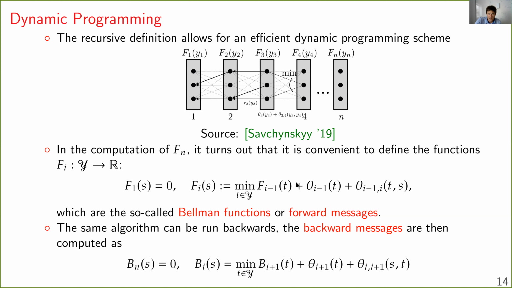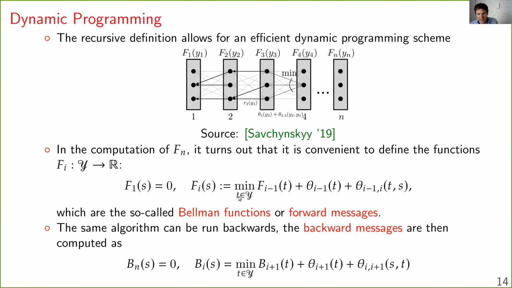So here it is written down a little bit more formally. We start with f1 to be 0, and every other function fi of s is then defined by minimizing the previous function fi minus 1 of t plus these unary terms plus these pairwise terms. And for every different choice of s, you need to minimize with respect to t.